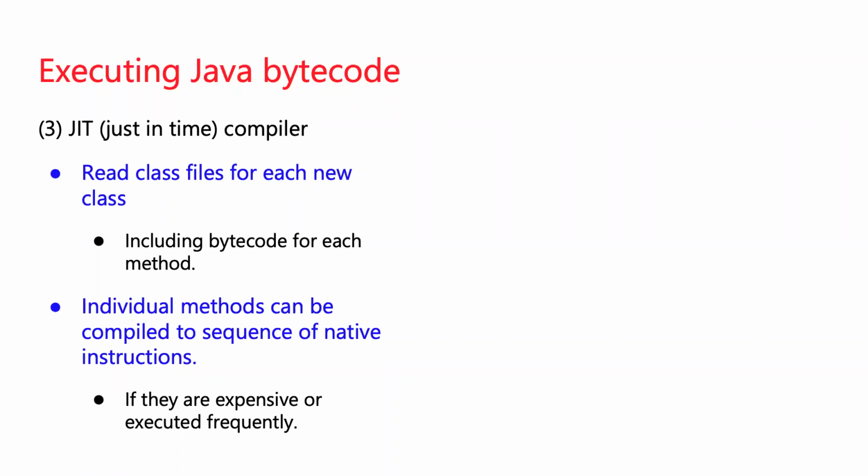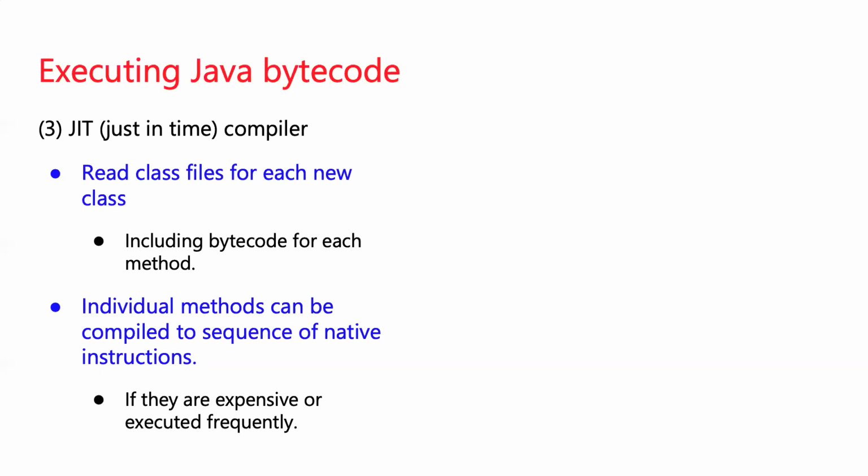Again, instead of simulating every bytecode, how about when we first run a method that's part of a class, we convert all of the code of that method into sequences of native instructions that do whatever that sequence of bytecode said to do. So if we see, say, an iload instruction, we could write out native machine instructions that go get something out of one part of the stack and copy it to the operand stack.